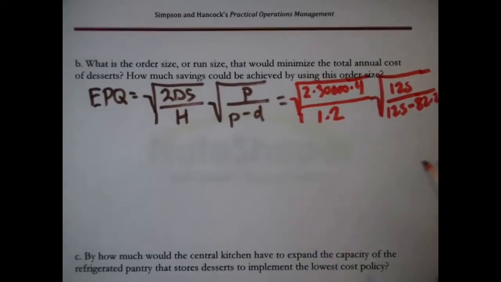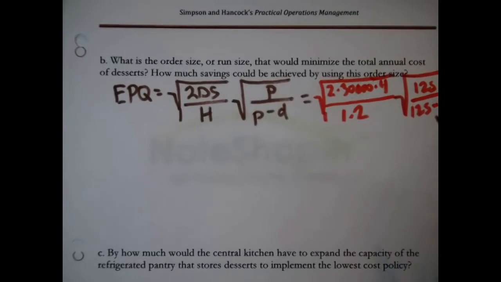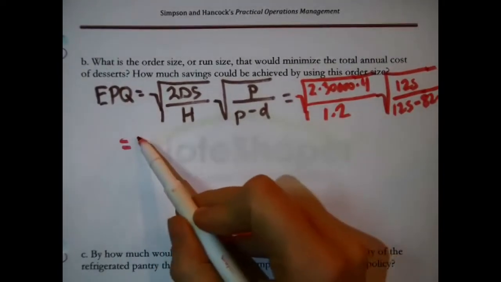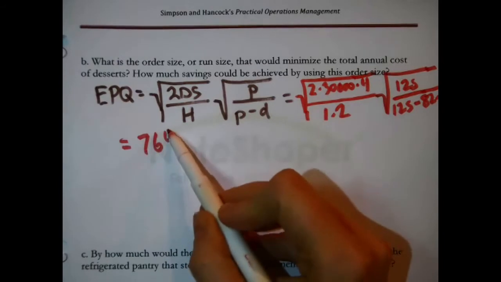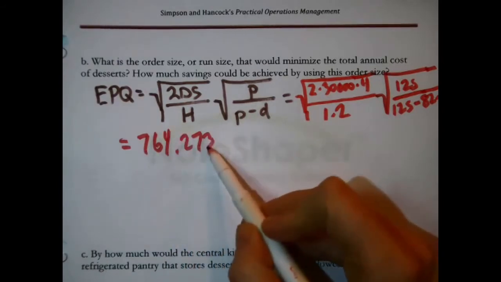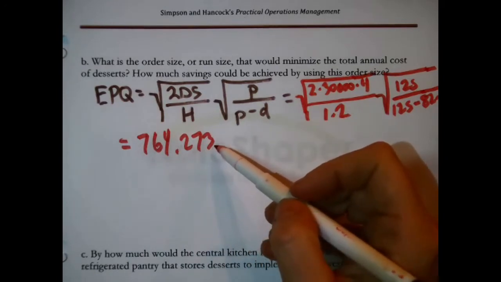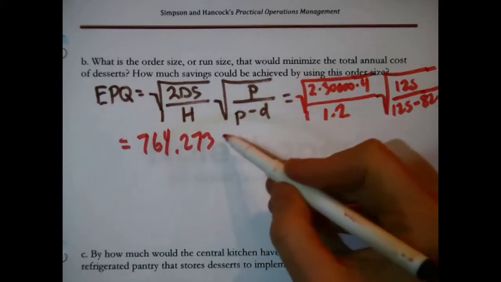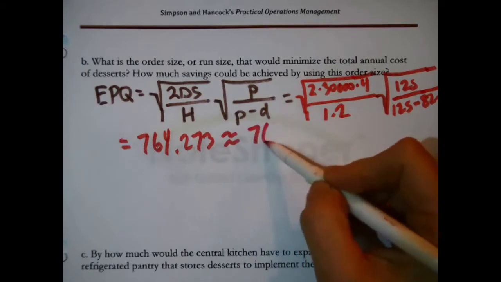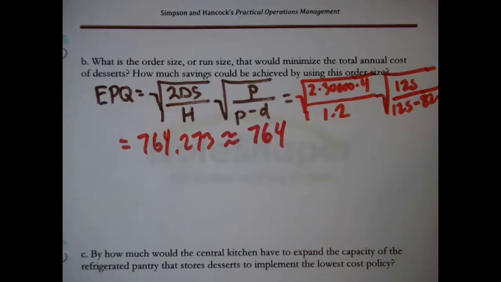Okay, so I get, it's kind of messy, 764.273333, which doesn't make any recommendation in terms of a batch of desserts. So I am pretty comfortable rounding that to a recommendation of 764 desserts.